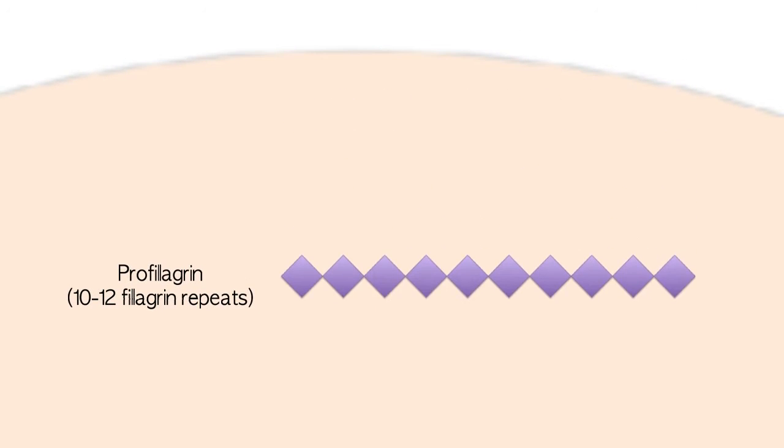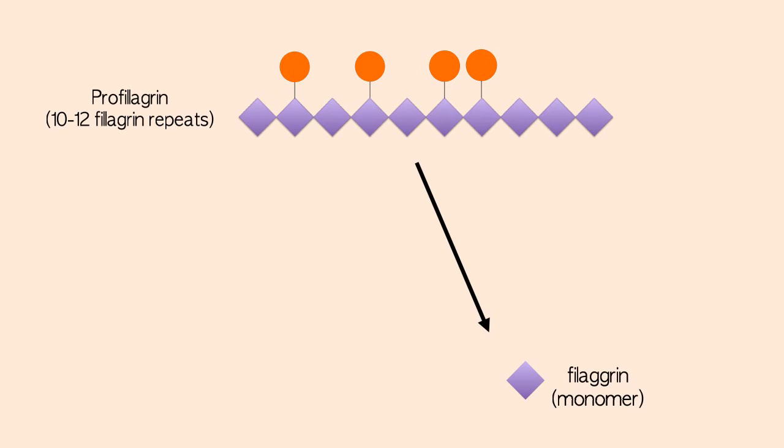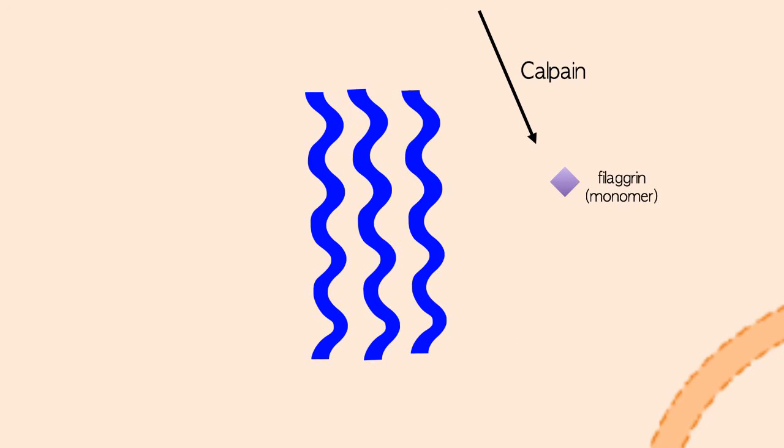During terminal differentiation, profilaggrin is citrullinated at the beta turns of the protein, allowing it to adopt a more open and disordered structure that makes it susceptible to proteolysis. Calpain then digests the citrullinated protein into small peptides that are used to cross-link keratin filaments into an organized matrix. Another role of citrullination is the regulation of genes.